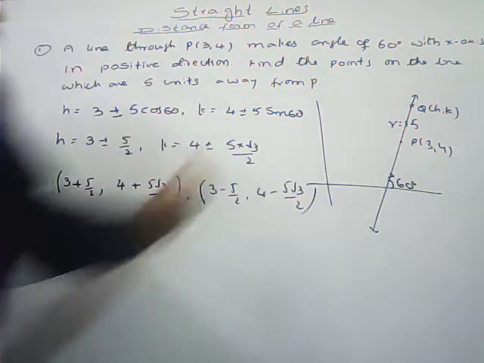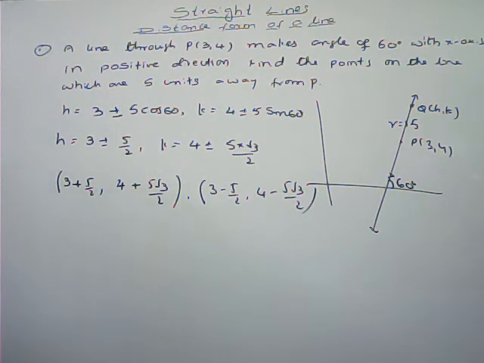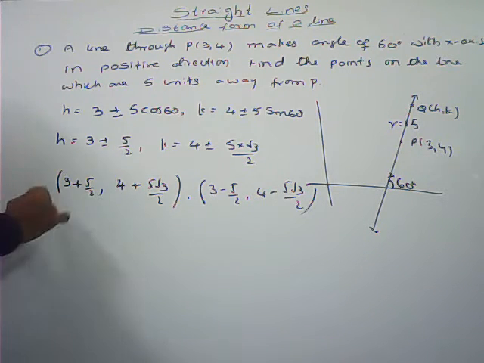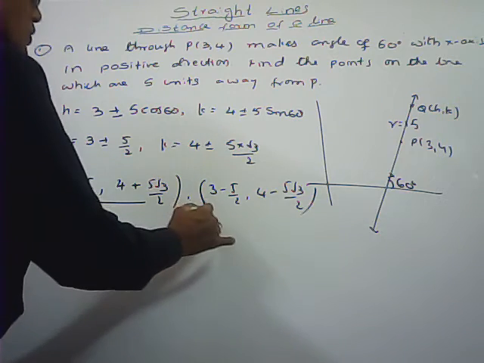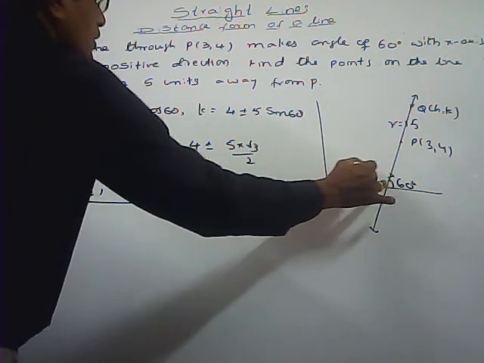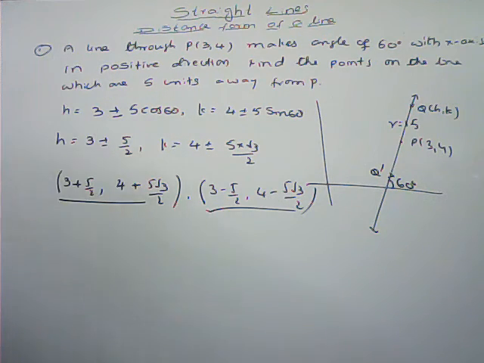One is a forward point, one is a backward point. By taking plus or minus you can get 2 points. One is P, one is Q and one is Q dash, like that. Those are the 2 points at a distance 5 units from P.